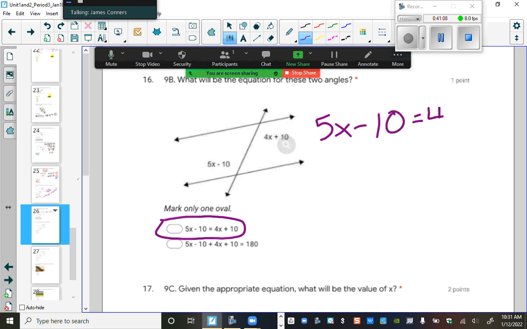That's the one we have to use. All right. We're going to use this equation to help us solve the next problem. We're going to solve for x. I'll let you all try to solve for x on your own. So try that.